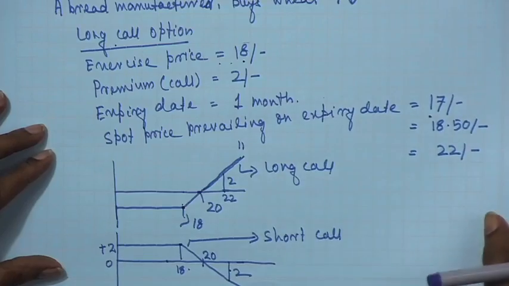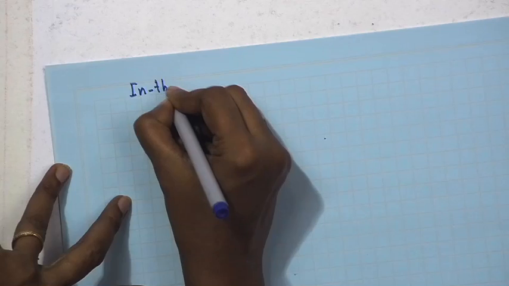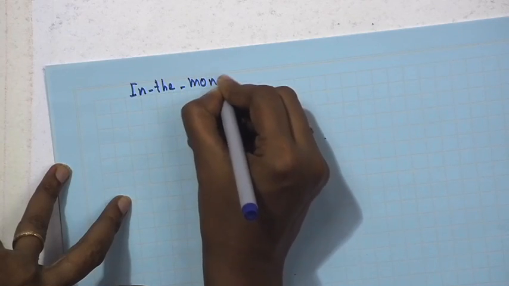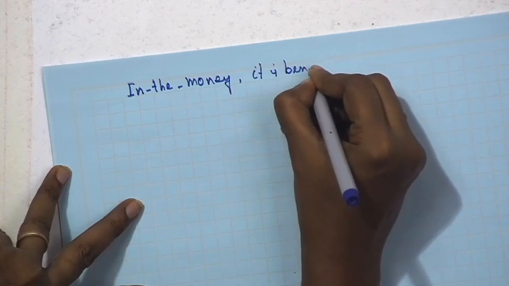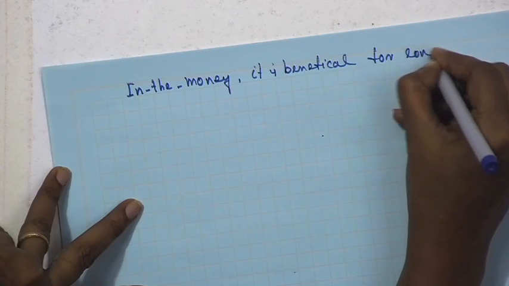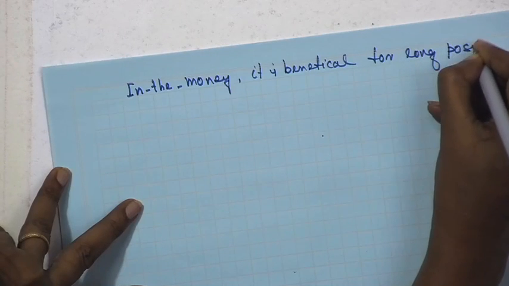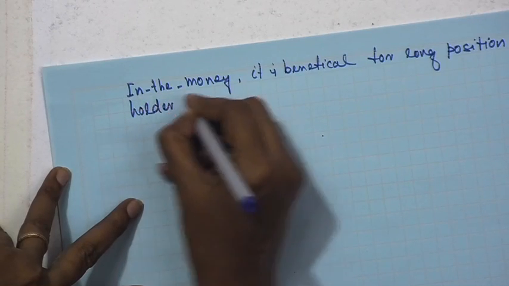So, this brings us to a concept called in the money, out of the money, and at the money. So, what is in the money? In the money means it is beneficial for the long position holder to exercise.